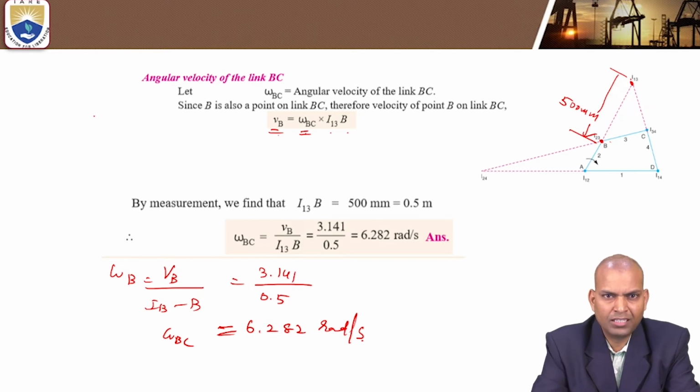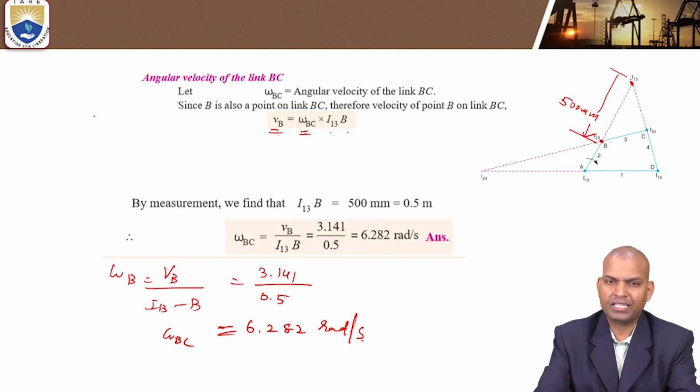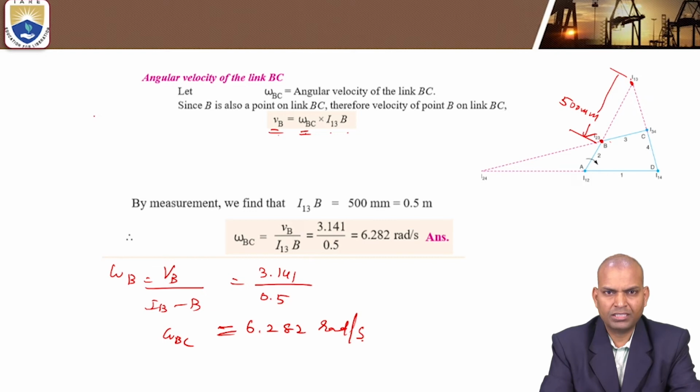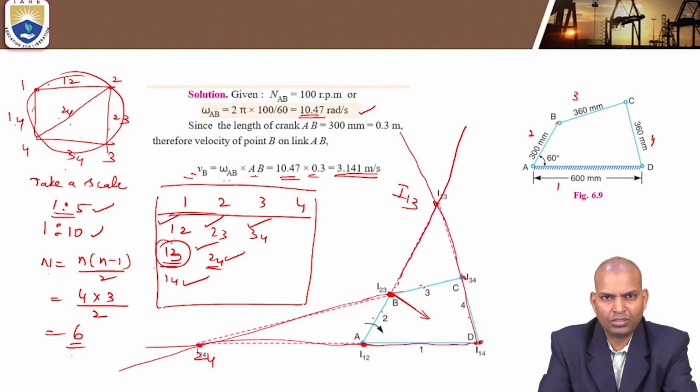Kennedy's theorem says that when three links are having relative motion among each other, their I centers lie on a straight line. By using that, with the help of the circular diagram, we marked and located the unknown I centers, which are neither fixed nor permanent.